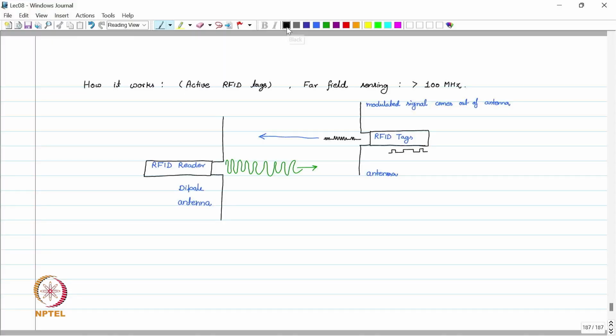This is far field sensing, operating at greater than 100 megahertz.